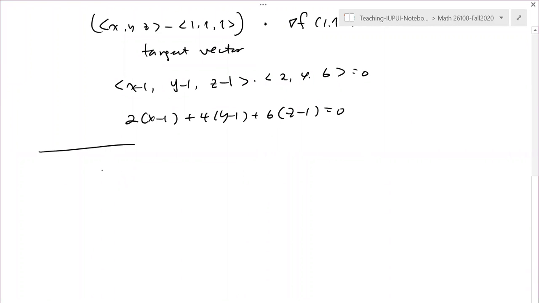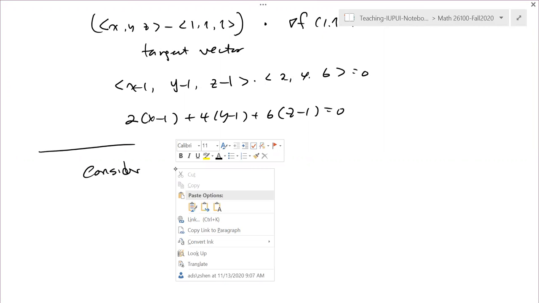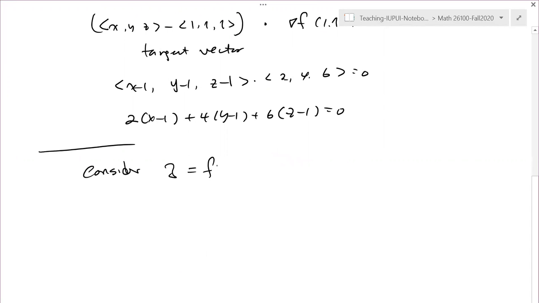Consider the graph of z equals f(x, y). Consider this graph. Then at the point (x naught, y naught, z naught), this one is given by this function, right? So it is a point on the graph.